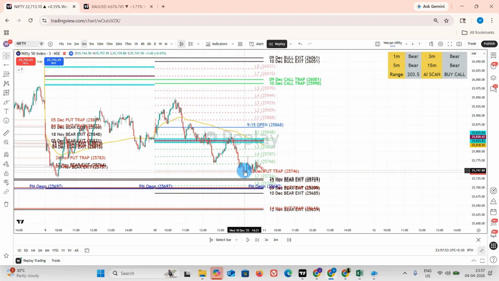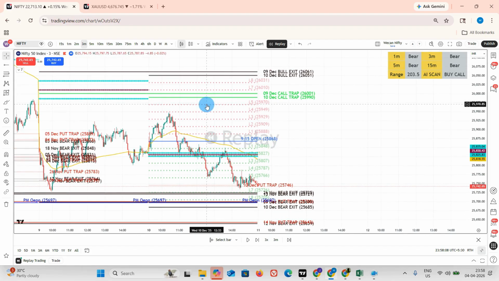The levels that are already tapped are gone, and these are all the levels that are untapped, meaning the market price didn't reach this level. In the same way on the above side, the 10th December, 9th December trap position is still untapped.